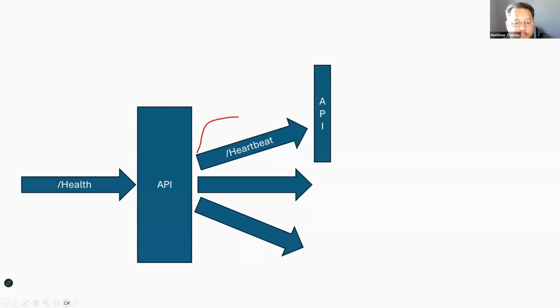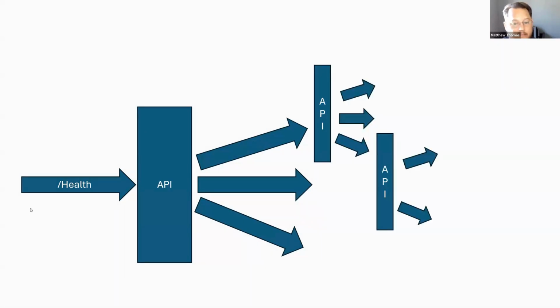Let's go back. For a health scenario, I just care about this hop here. I do not care about this hop or this hop. And so having a heartbeat endpoint on this one allows me to make that hop and not trigger the second or third level hop. Does that make sense?